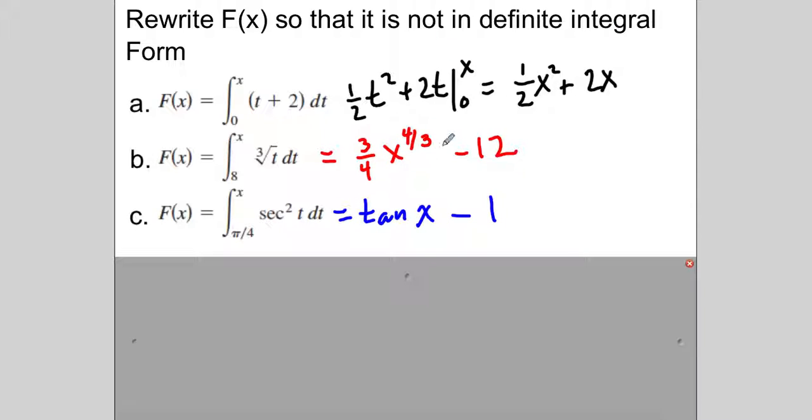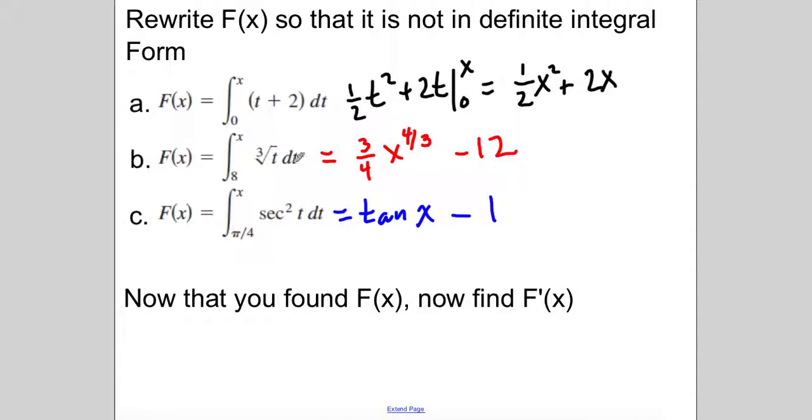So now that we can do this, what I want you to do is now take the derivative, so find F prime for each of these, and hopefully you'll notice a similarity between its derivative and what we saw in the original problem. And so again, I would pause the video here, do that real quickly, and then check your answer.